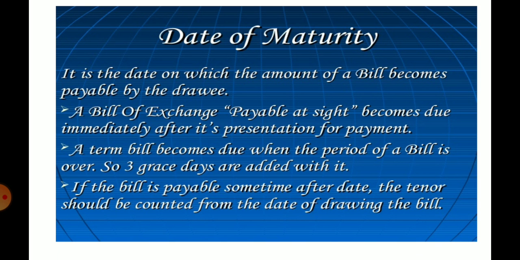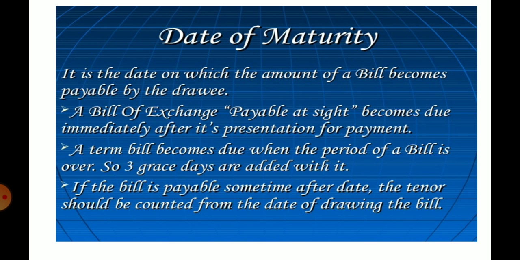Now, the most important topic of this chapter, that will be counted as the most important element in the bills of exchange, that is date of maturity. It is the date on which the amount of the bill becomes payable by the drawee.